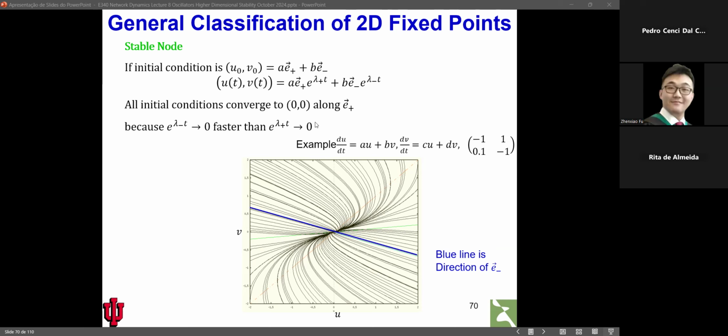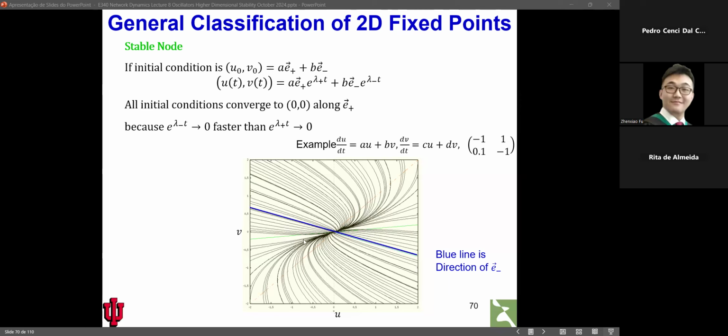And then it goes faster to 0. The blue direction here is the direction of lambda minus. If you have something which is not in the direction of E minus, the E minus component is going to disappear first.